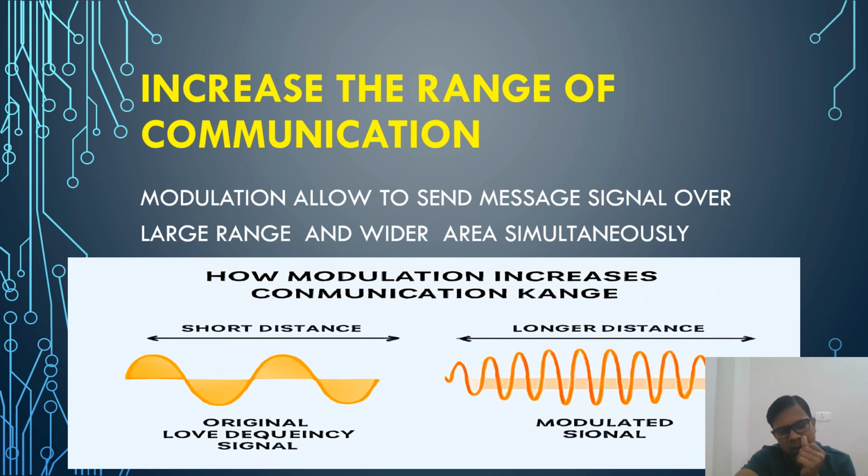So you can simply understand that when we use high frequency, it can travel longer distances in a short duration also. So when we use the modulation, it also increases the range of the communication.